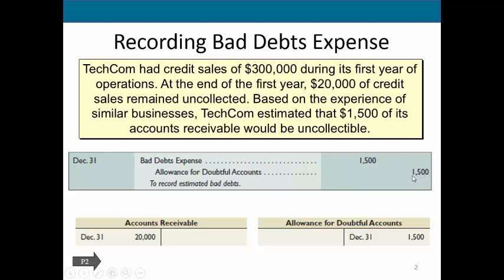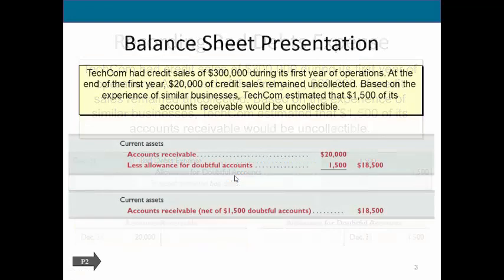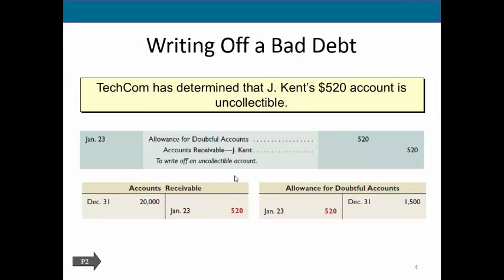Now when we find out a specific portion of this is not collected, we need to take it out of this estimate account because it's no longer an estimate. And you can see how we do this when we actually write off the specific account. So we found out that this person or this customer's account is uncollectible. So you can see here this is no longer an estimate, so we need to take it out of that estimate or that holding account, this allowance account.